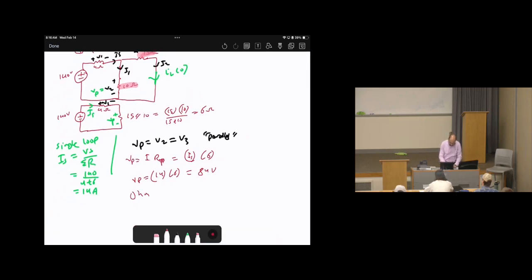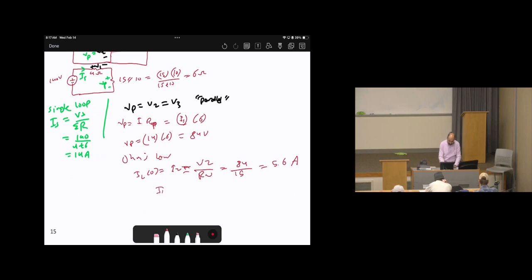So with Ohm's law, we can say IL of 0, which is the same as I2, equals V2 over R2. So V2 84 over R2 15, so the answer will be 5.6 amperes. This is for the IL of 0.